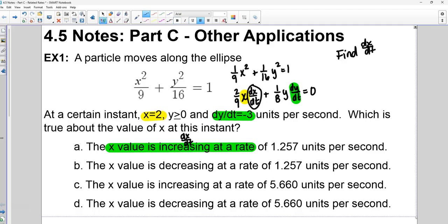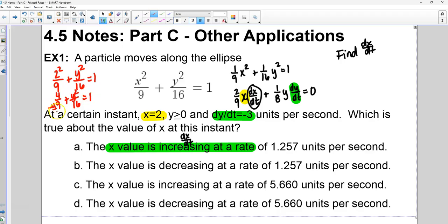What am I missing? y. So I'm going to have to plug my numbers into y. I know x is 2, so 2 squared over 9 plus y squared over 16 is going to equal 1. So that's going to be 4/9 plus y squared over 16 equals 1.